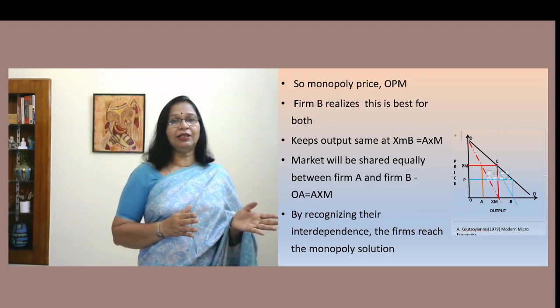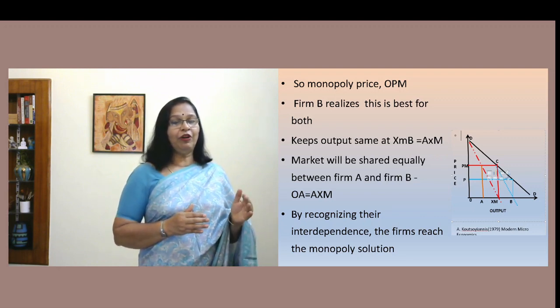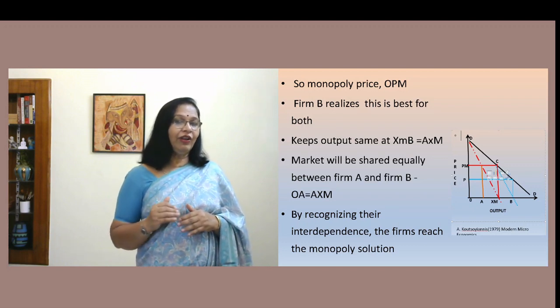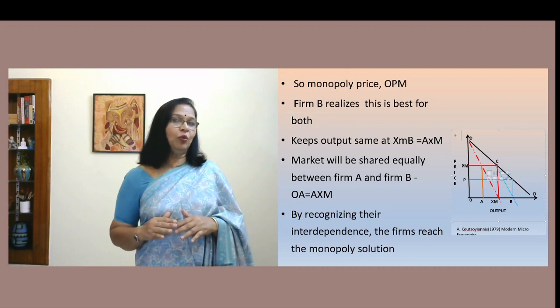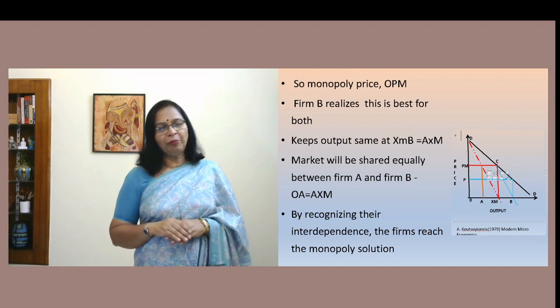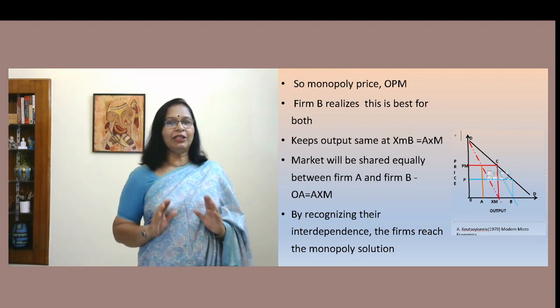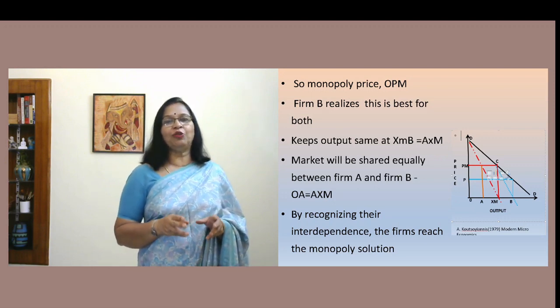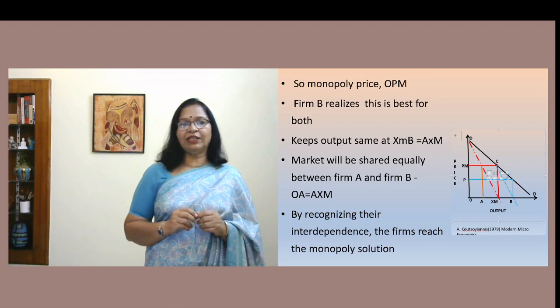He has already learned his lesson from firm A, that firm A lost his price earlier, and if he does increase his output, he too will lose his price. Therefore, firm B decides that it is better to stop production at that output and enjoy the price at which firm A was selling his output.